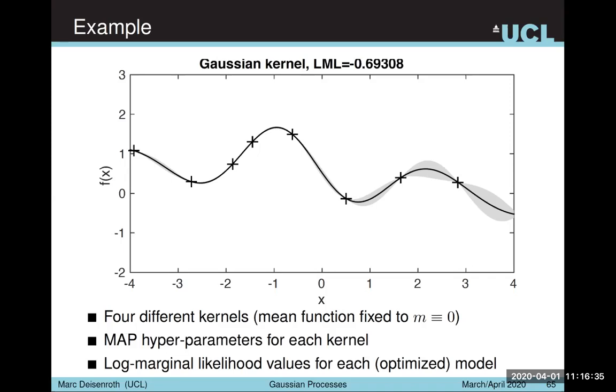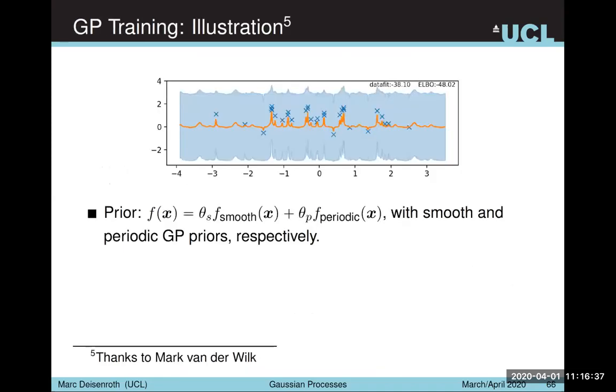and then try to optimize the weights. I'm going to actually look at this in the next example, where we have a function f of x, which is the sum of a smooth function and a periodic function. We're going to use now a sum of two different kernels, which is the Gaussian kernel and the periodic kernel.